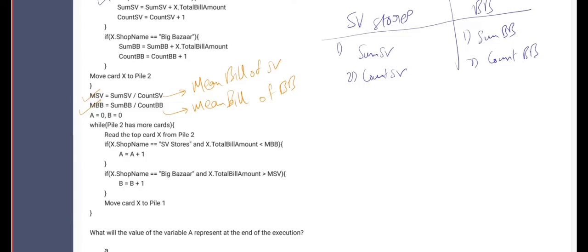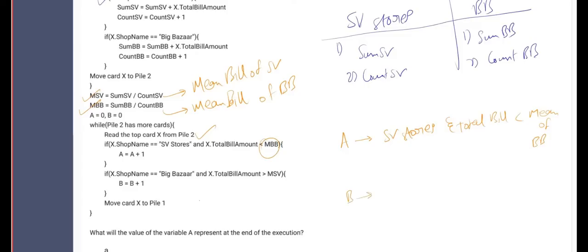While pile 2 has more cards, read the top card X from pile 2. If the shop name is SV Stores, and if the total bill amount is less than the mean of Big Bazaar, that means A is getting incremented if the shop is SV Stores and the total bill is less than the mean of Big Bazaar.